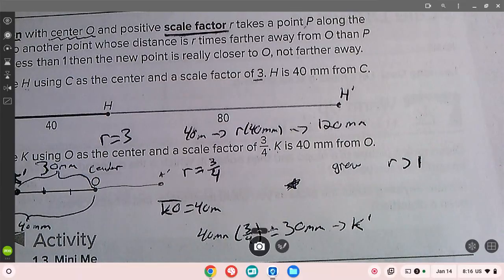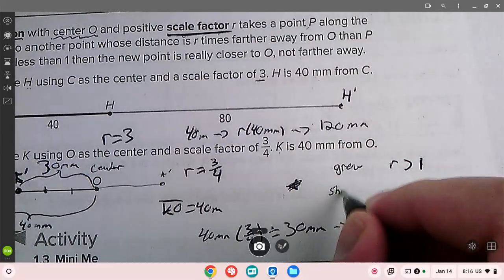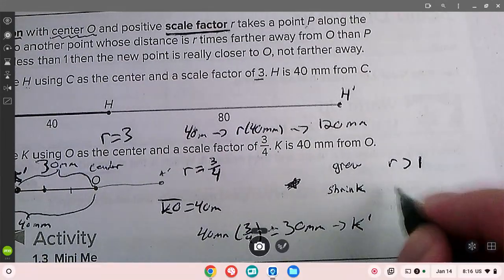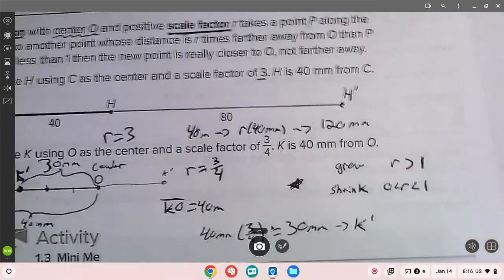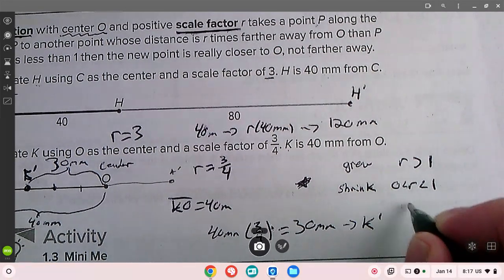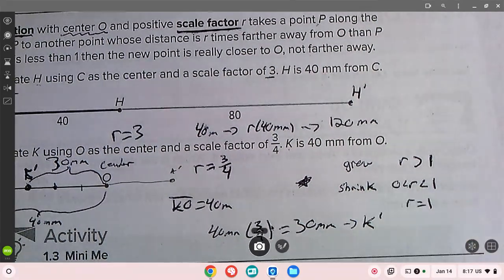We shrink or get small when our R is greater than 0 but less than 1. So any decimal number between 0 and 1 makes our figure shrink if it's our scale factor.